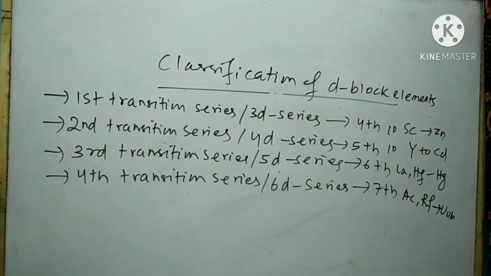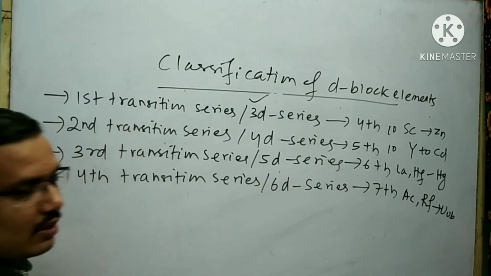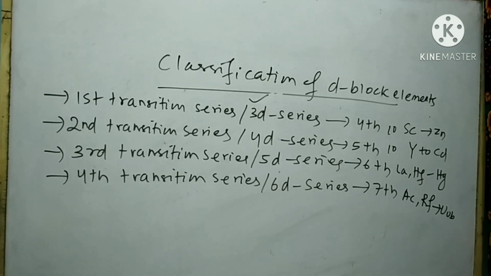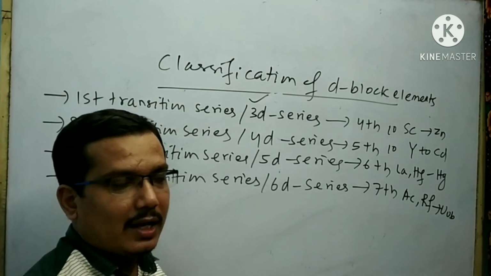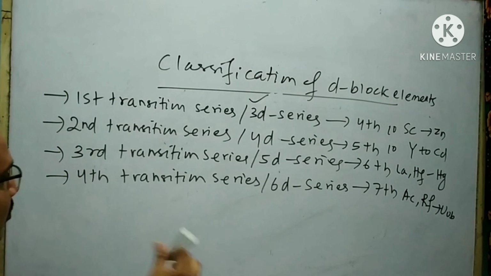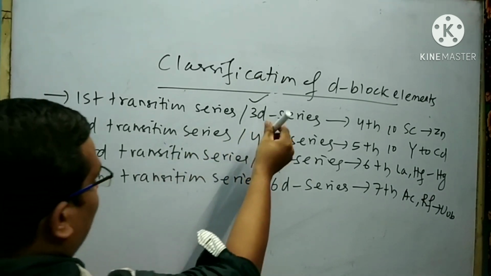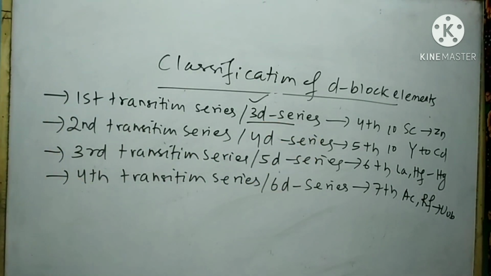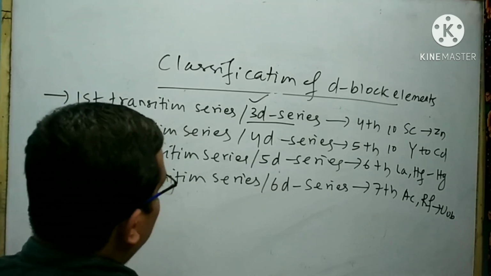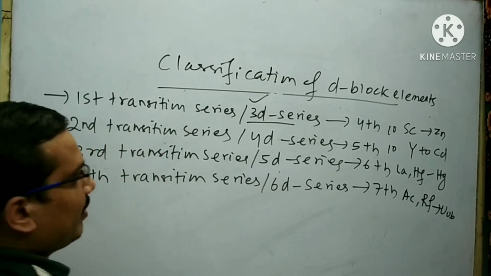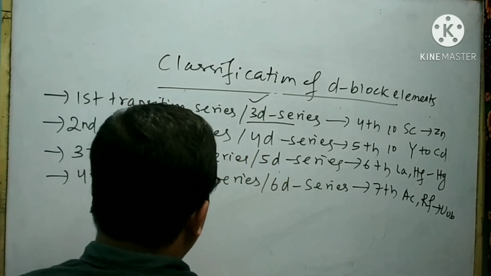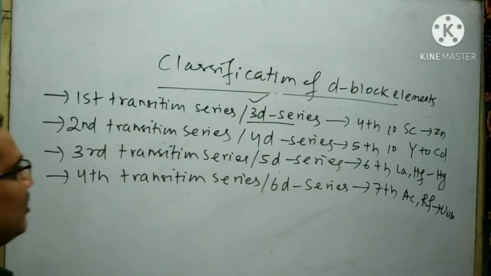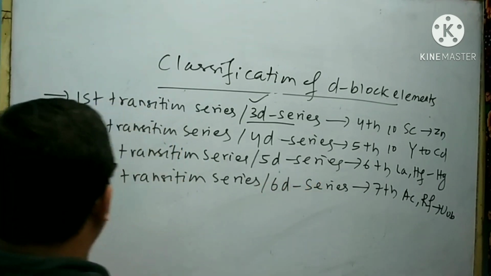unibium. In the first transition series, the last electron of the elements goes to the 3d orbital, so the elements are also called the 3d series. In the second transition series, the last electron goes to the 4d orbital, so it is also called the 4d series.